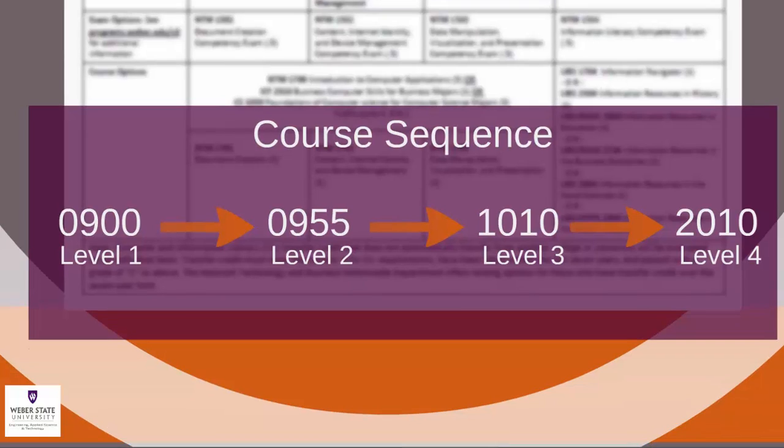The sequence for English is English 900, English 955, English 1010, and English 2010. Please note that English 900 and 955 are considered developmental courses, and the credits and grades earned in these courses do not count toward your overall credits for graduation or toward your GPA.